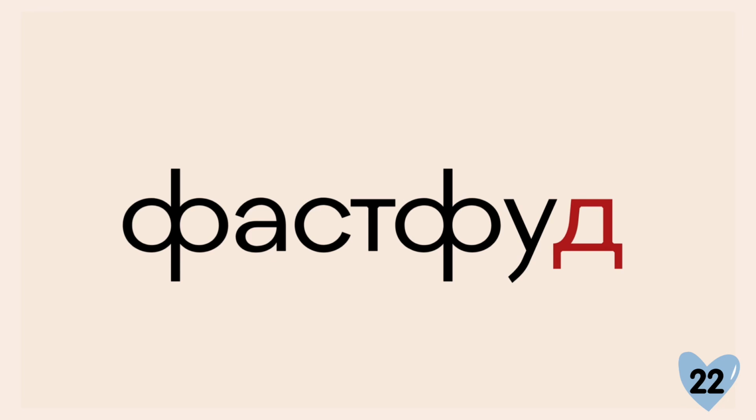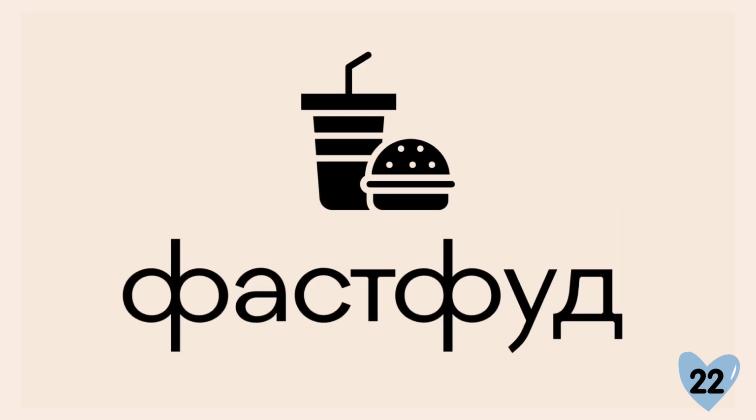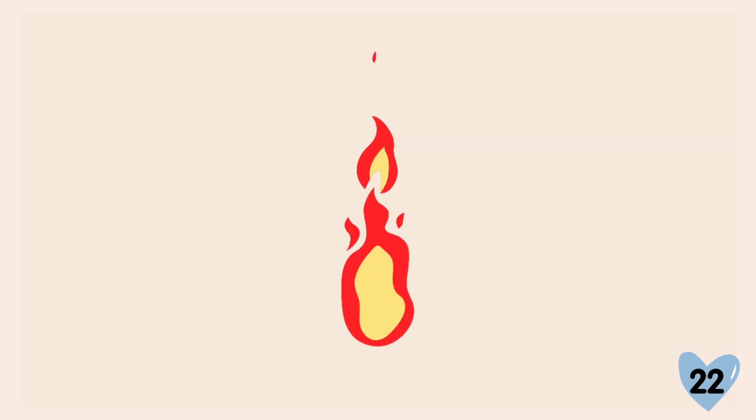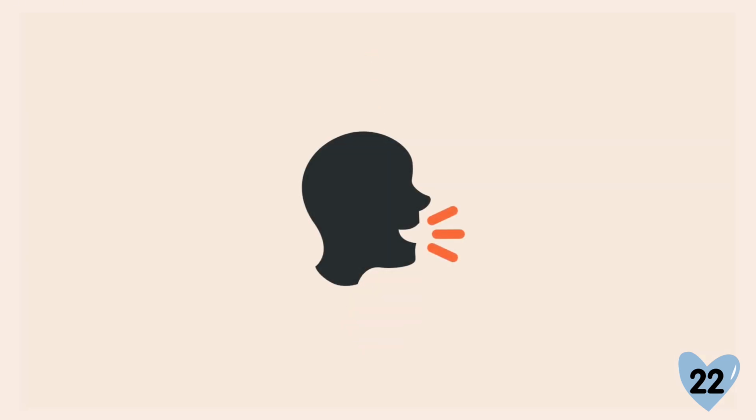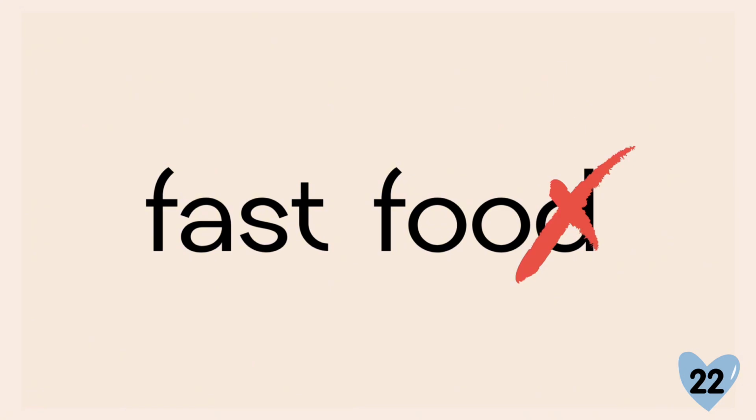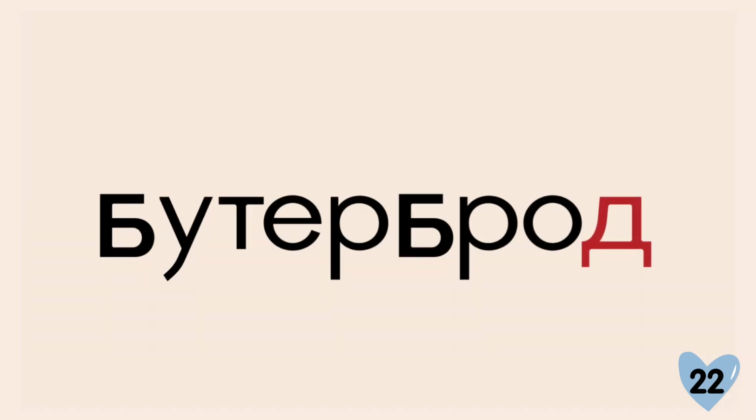The letter D is there, but the sound is T. Fast food means fast food. It comes from English, and it's a great example of a Russian accent. When speaking English, almost any Russian will say fast food with the T at the end, not with a D.